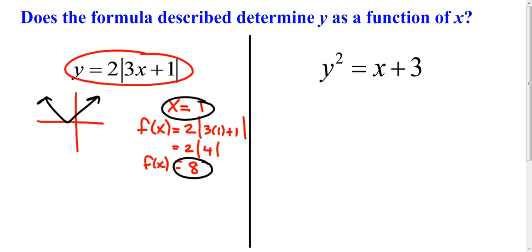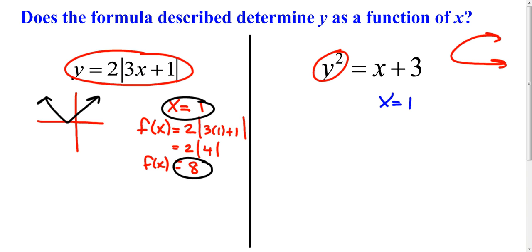That's different over here, by the way. When you have a y squared, hopefully you remember that it makes a graph that's a sideways parabola. So certainly you could graph that on your graphing calculator and realize it's not going to pass the vertical line test. But algebraically, let's say I pick x to be 1 again. You can pick any number for x, it doesn't matter.